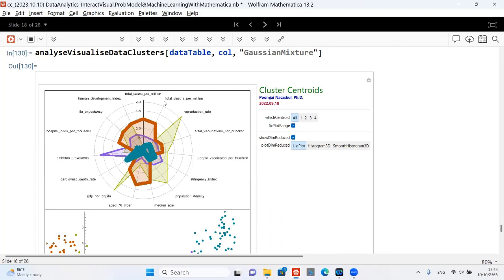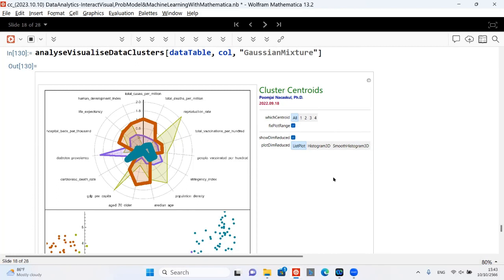So these are 1, 2, 3, 4, 5, 6, 7, 8, 9, 10, 11, 12, 13, 14, 15. 15 or 16 dimensions, okay? Based on 15 or 16 dimensions, 240 countries.